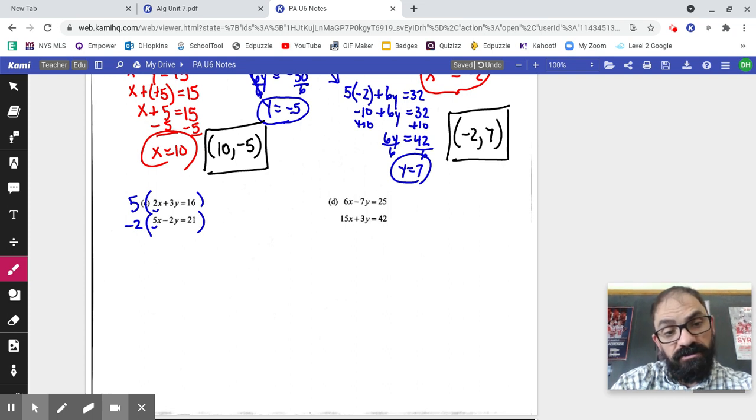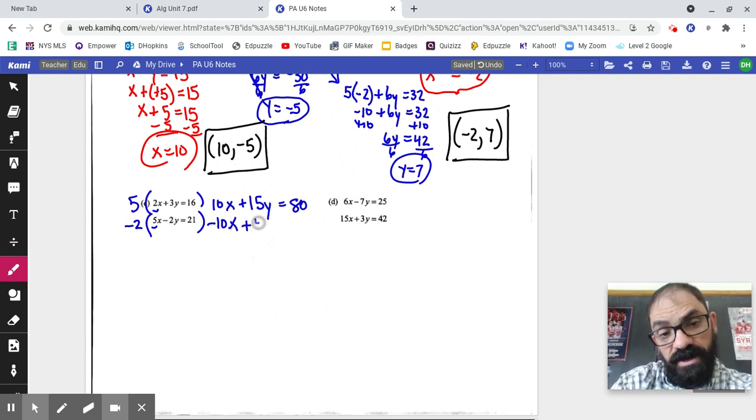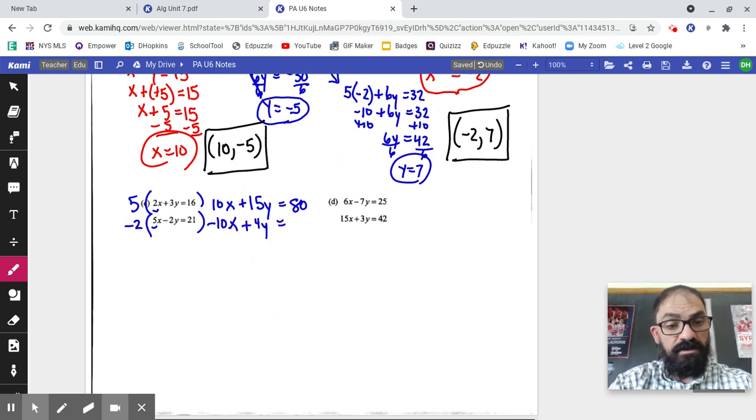So let's distribute. 5 times 2x is 10x, 15y, and that is going to be 80. Negative 10x, positive 4y, and that's going to be negative 42.